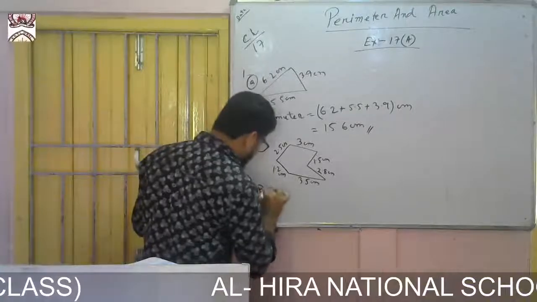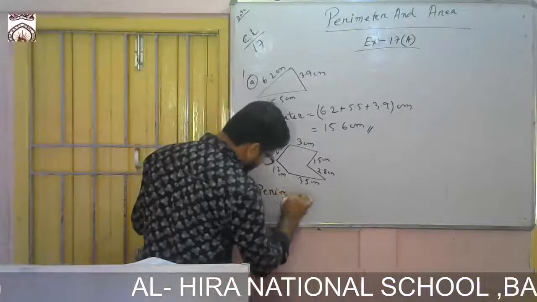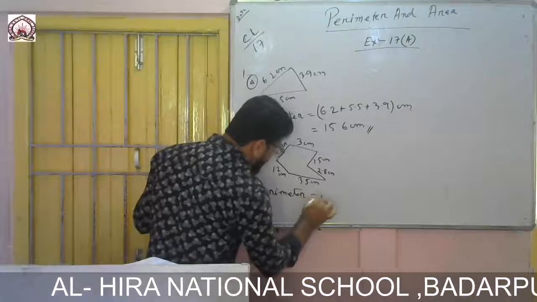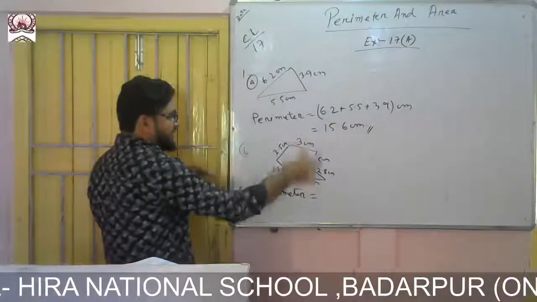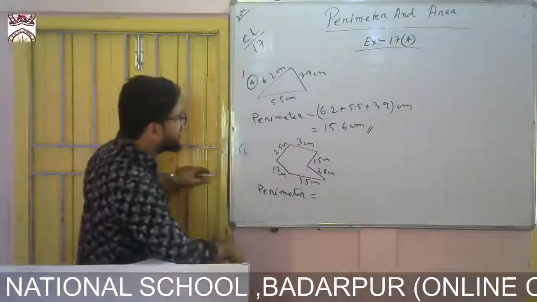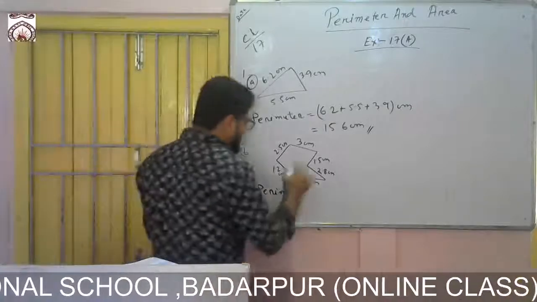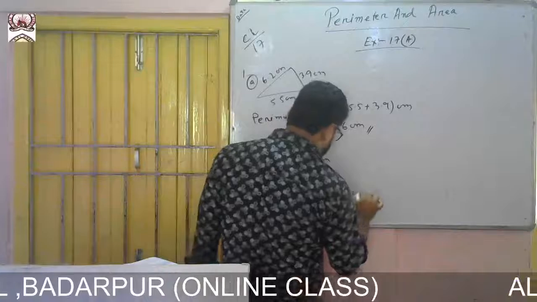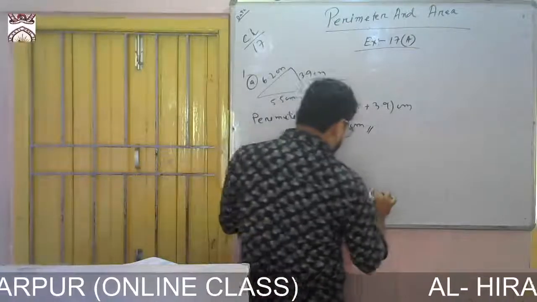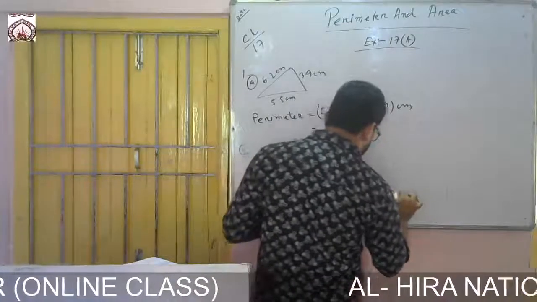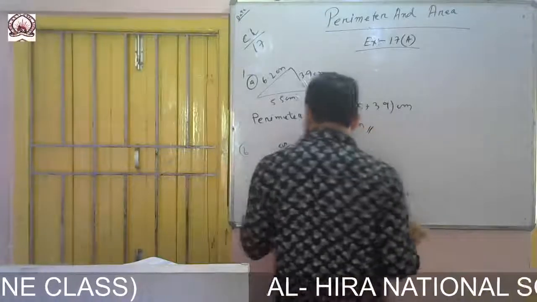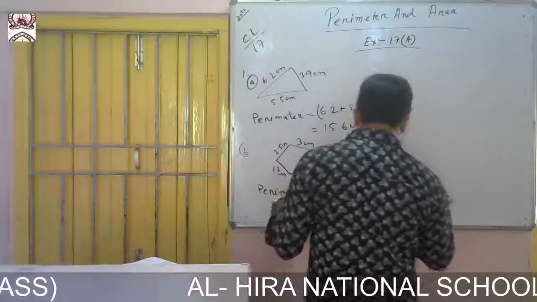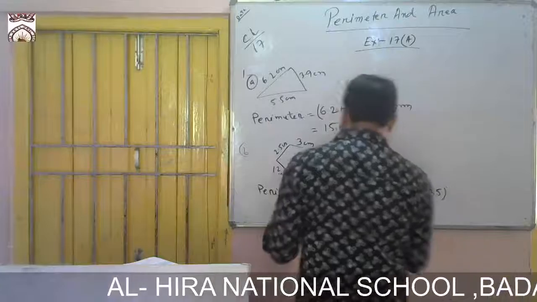So write, perimeter will be the sum of all its sides. So write 2.5 plus 3 plus 1.5 plus 2.8 plus 1.2 plus 3.5.